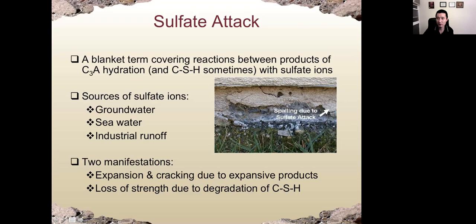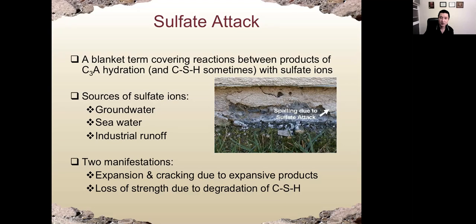This is concrete on the soil surface. From the soil, we could have some sulfate from the environment. This sulfate may attack concrete, and we call that sulfate attack. The sulfate ions could come from groundwater, seawater, or industry runoff.